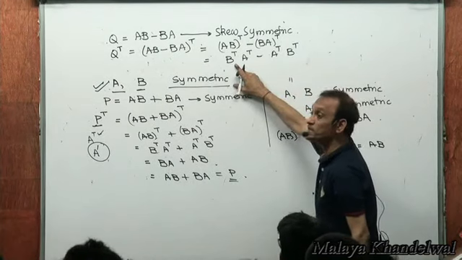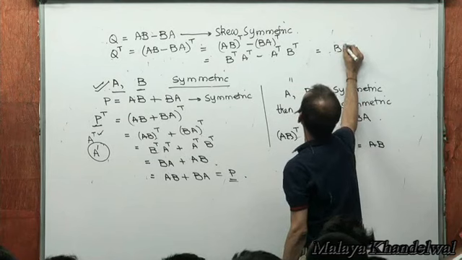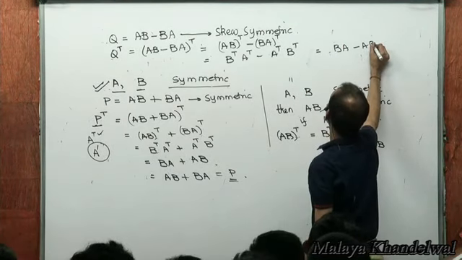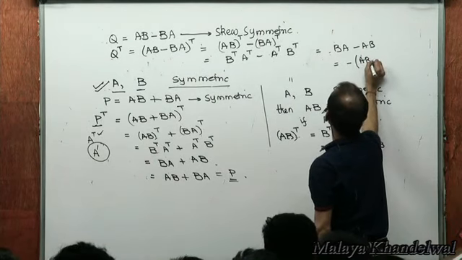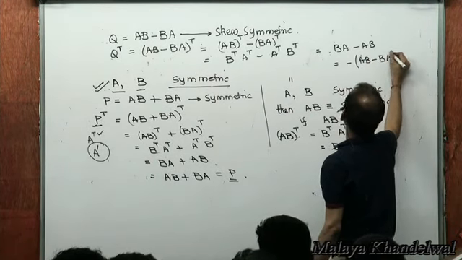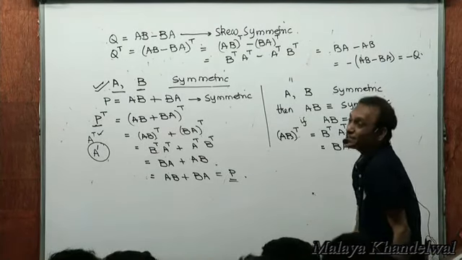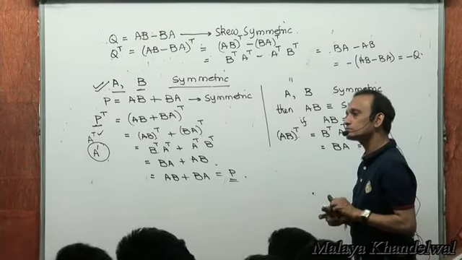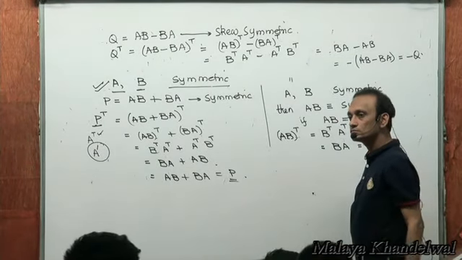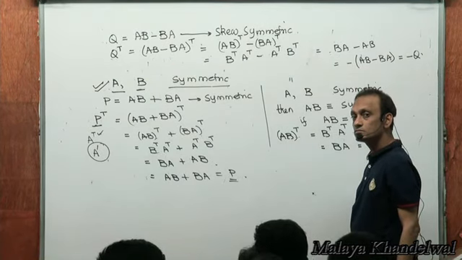B transpose is B, A transpose is A. So this is like BA minus AB, which is minus of AB minus BA, which is minus of Q. So Q must be skew symmetric because Q transpose is minus Q. Yes or no?